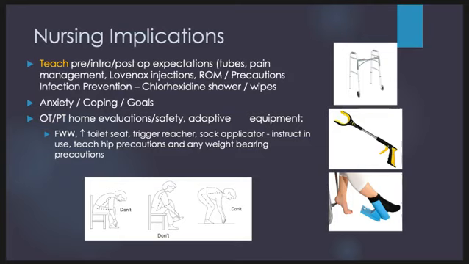So you don't have to bend at a 90-degree angle or more in order to prevent popping that hip out or anything. So again, high-seated chairs or toilet seats do prevent flexion. So they're common equipment that can be ordered for patients upon discharge and be used in the hospitals as well.